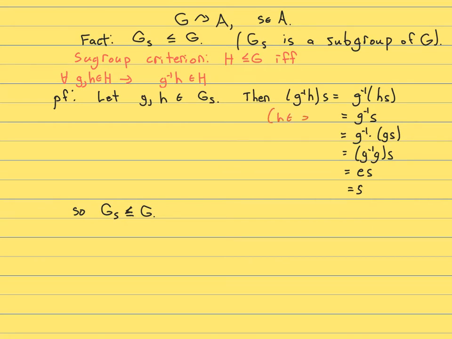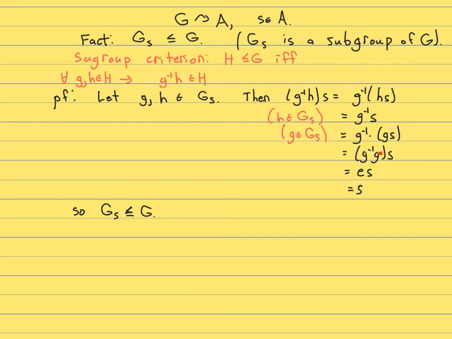Since h is in the stabilizer, h acting on s is equal to s. Since g is in the stabilizer, I can also replace s with g dot s, which is the sneaky trick I'm going to use here. And then because I have a group action, I can move the parentheses over and I have g inverse times g.